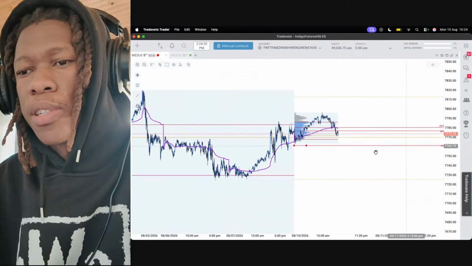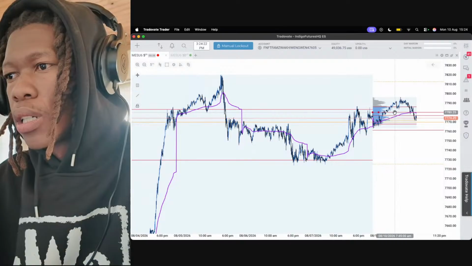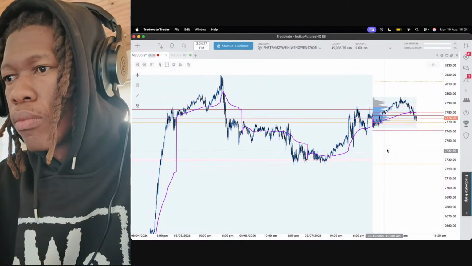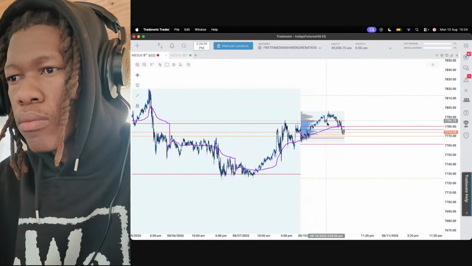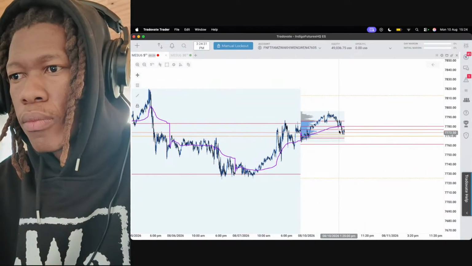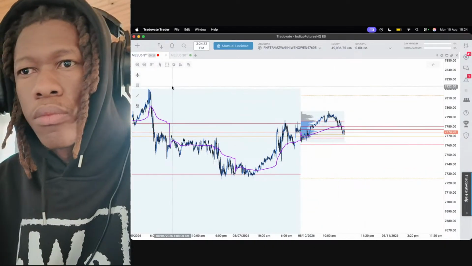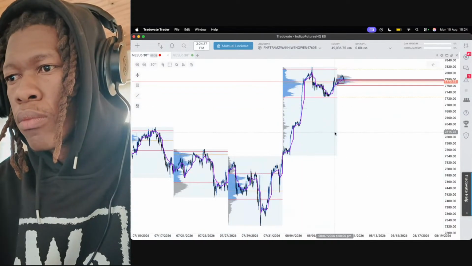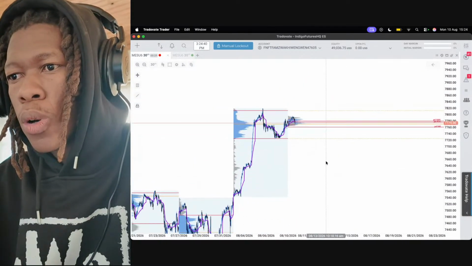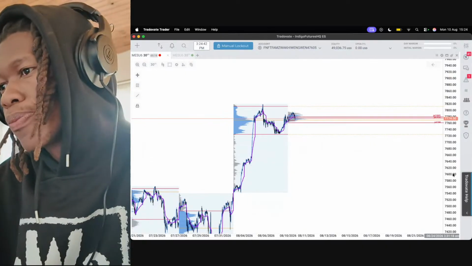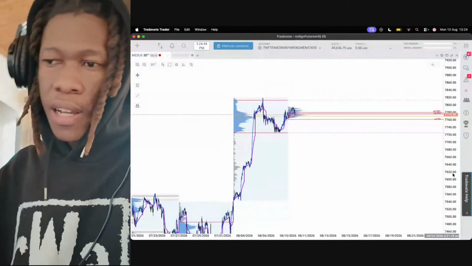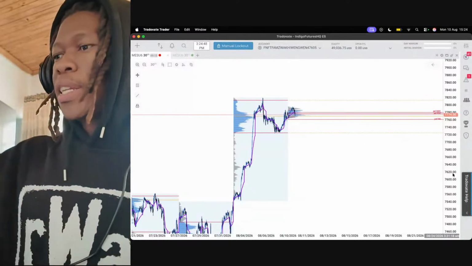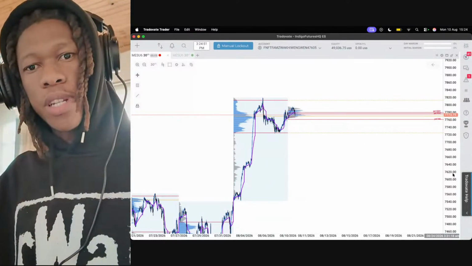Let's not make the same mistake I made the other week. Here we go. Okay, full profile. I think it was like 2 weeks ago, I marked out my weekly levels and then I hadn't zoomed out on the chart.